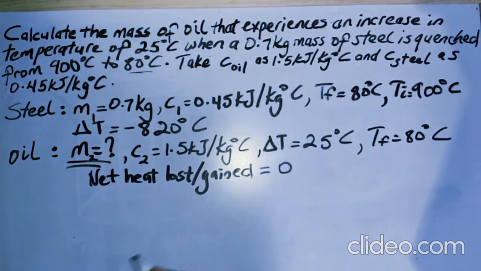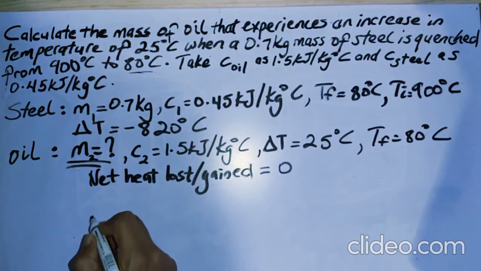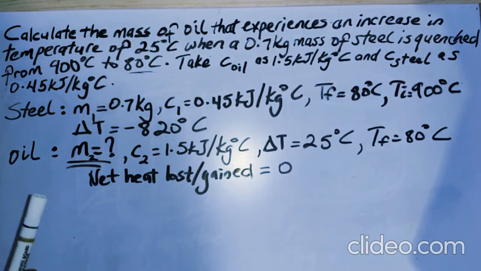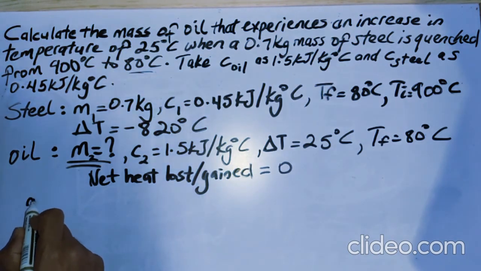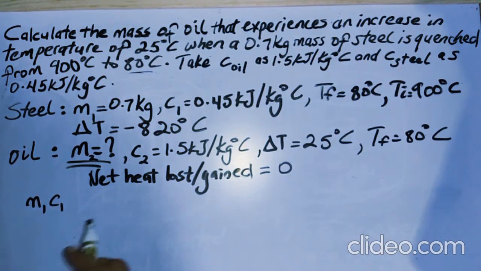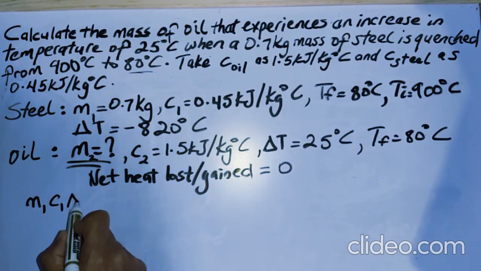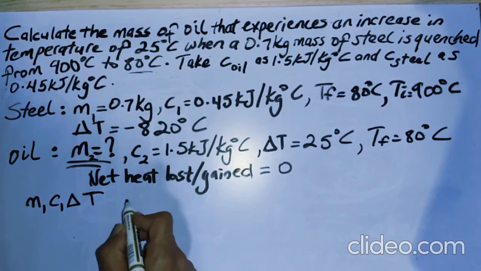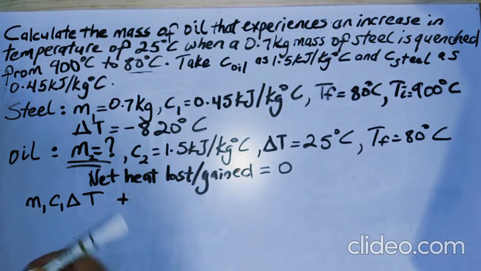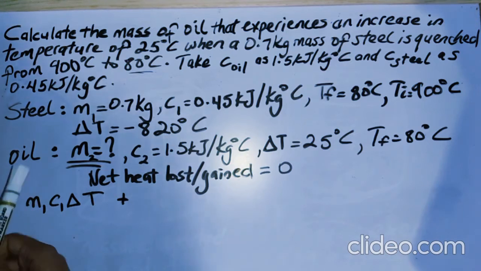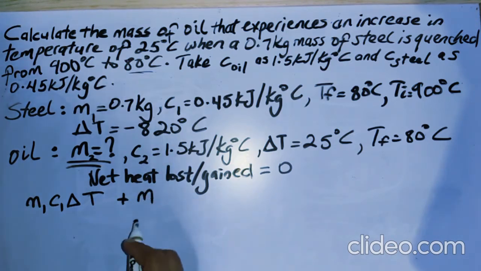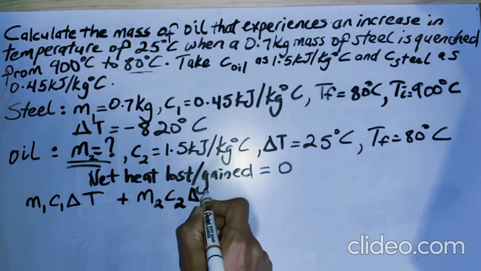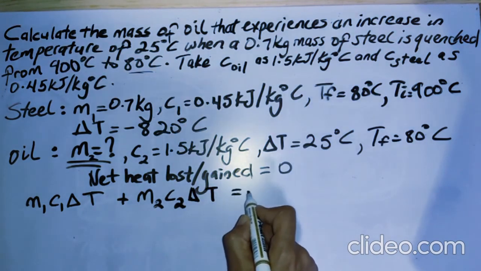Now, what this means is that the heat loss, which is Q, we can calculate as MC delta T. In the case of steel, it's M1 C1 delta T. If we add that to the heat that was gained by the oil, that's also MC delta T, in this case M2 C2 delta T, we'll equate this to 0.